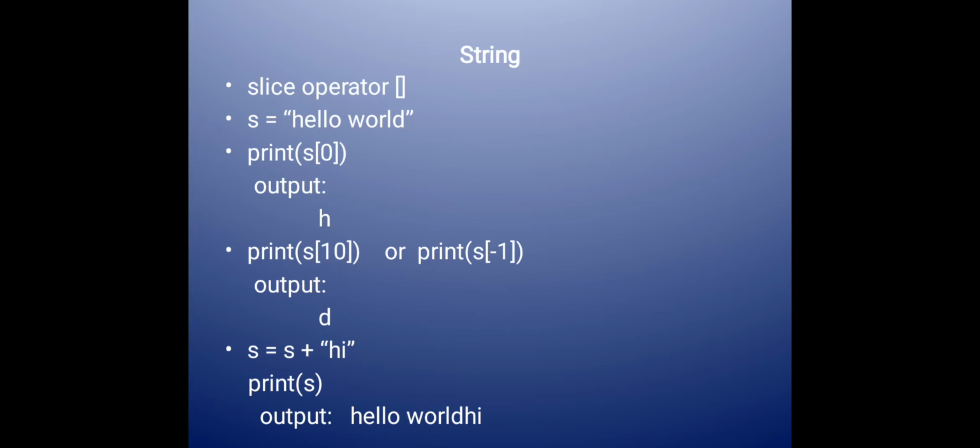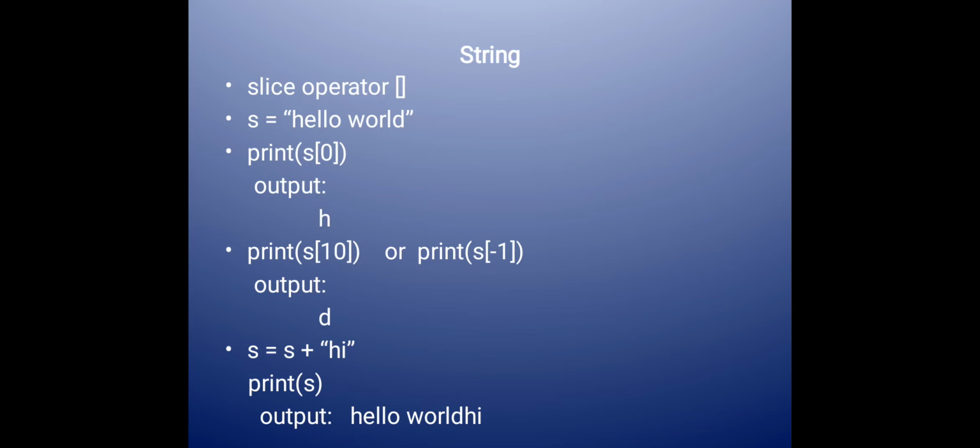Today we are going to start with the slice operator that is used in the string type. The slice operator is used to access the characters of a string. For example, I have taken a string called hello world and assigned it to a variable called s. Then the print function is like print s of 0.